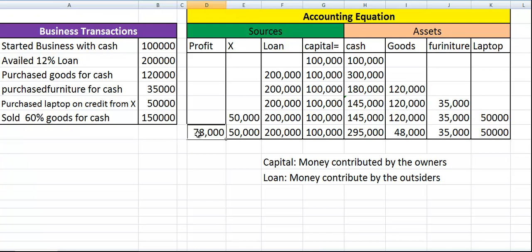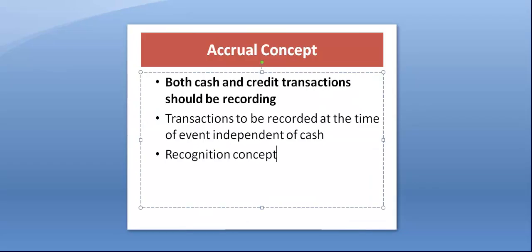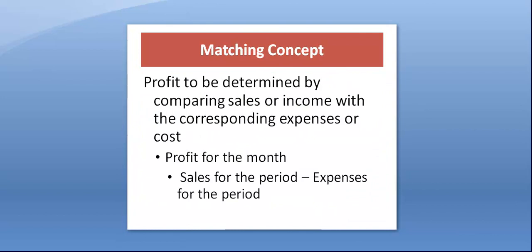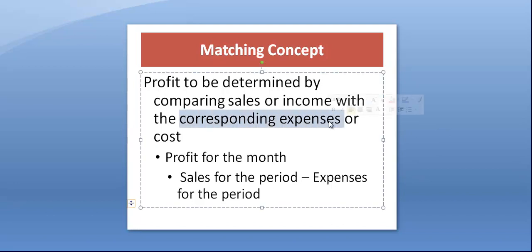So here also there is a relevant accounting concept. Let me first explain that. The relevant accounting concept is called the matching concept. The matching concept is required for determination of profit. It says the profit should be determined by comparing the income or sales with the corresponding expenses or costs, and the corresponding means for the period. So profit for the month is equal to sales for the month minus the expenses for the month.